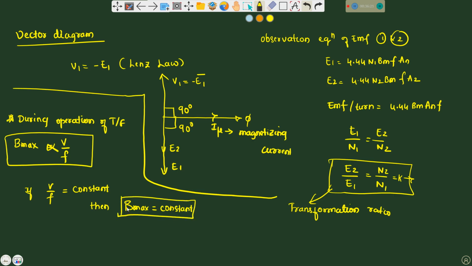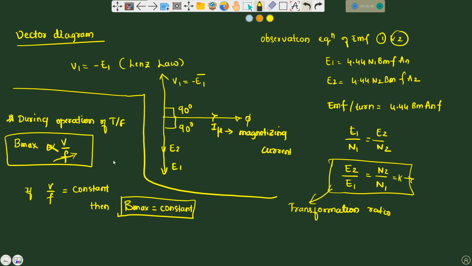Okay, by keeping applied voltage constant, if the frequency of the transformer is reduced, then the Bmax in the transformer core increases, which drives the transformer core into deep saturation, thereby demanding a very high excitation current or voltage from the source.